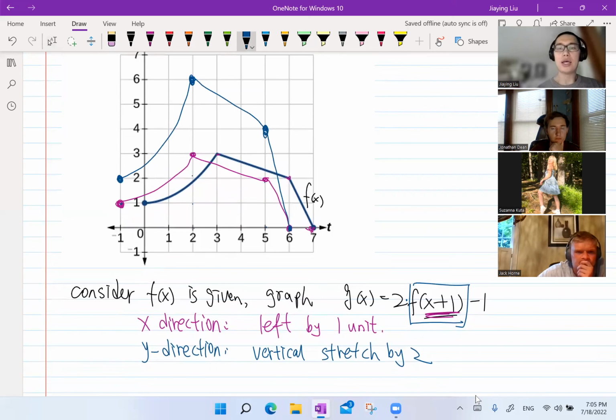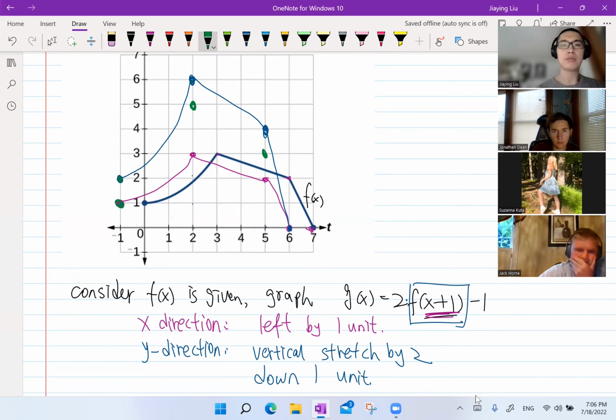All right. And then the last thing we have to do here, after we multiply by 2, is subtract 1, following order of operation, right? So the last one is going to be down 1 unit. If we shift it down by 1 unit, we take this point and move it down, so it ends up here. Take this point, move it down 1 unit, it becomes here.